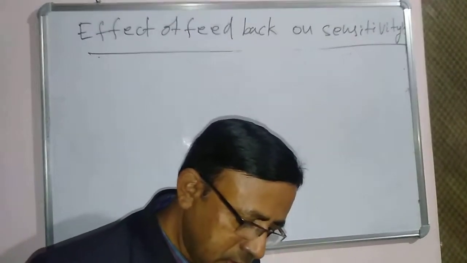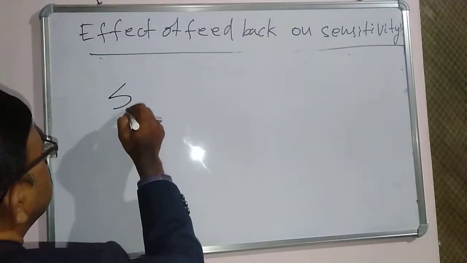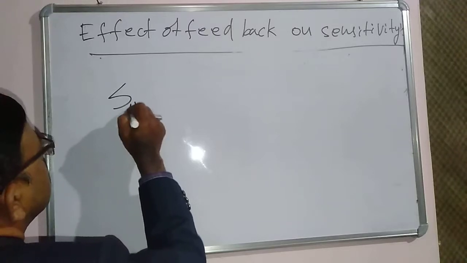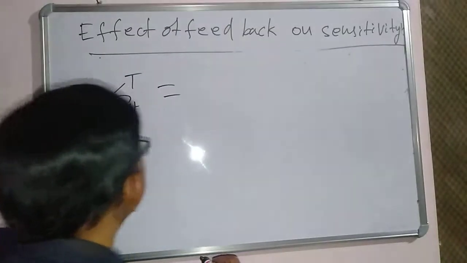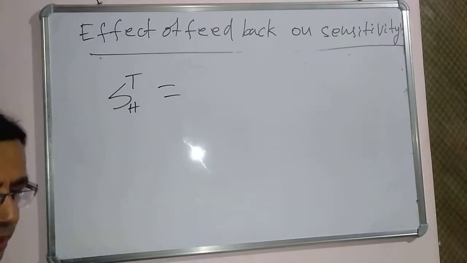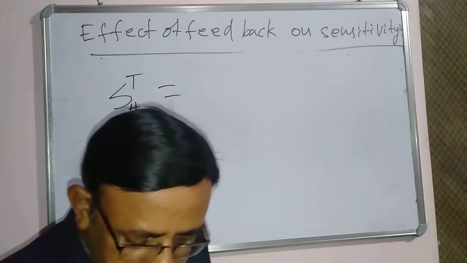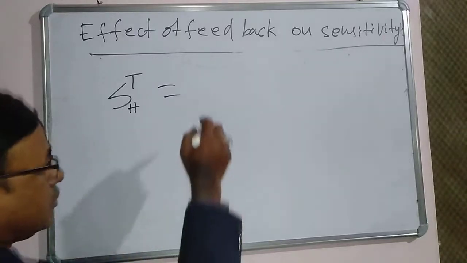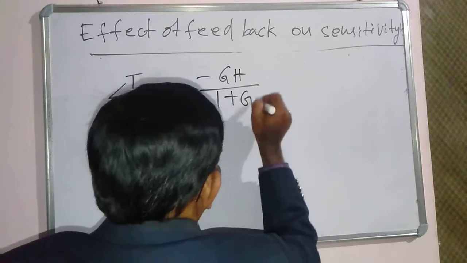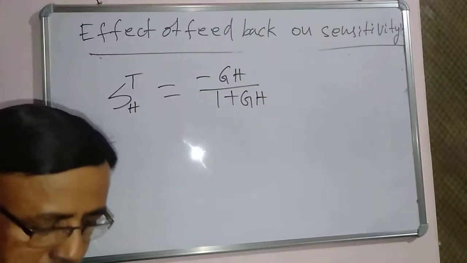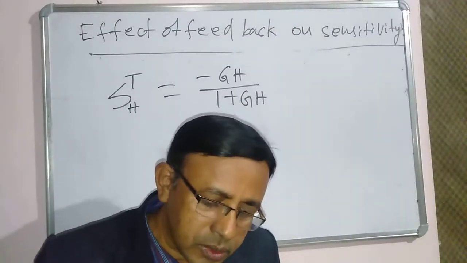Similarly, we can calculate S_H^T, that is the sensitivity due to incremental change in the feedback path transfer function, which is equal to minus GH by 1 plus GH.